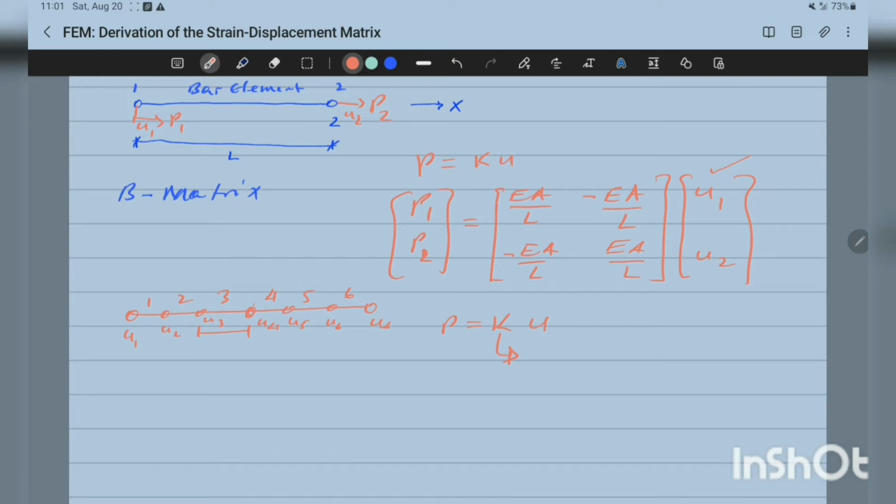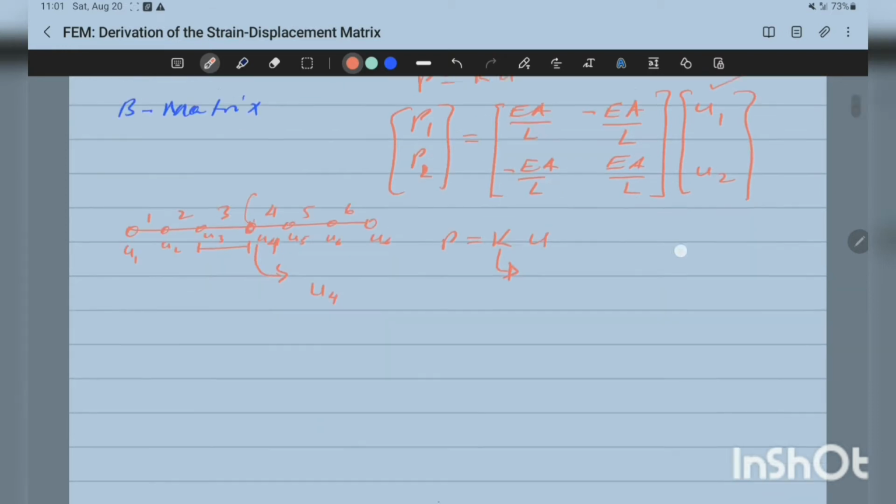Where we need u is u4, so from this we can obtain the displacement at the point we want. But this comes with a disadvantage because we shall have a big stiffness matrix which will require a lot of computation and will take a lot of space in the computer.